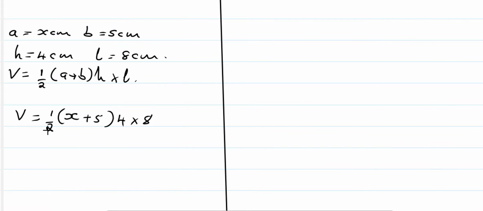So from there, we can open these brackets here, and now volume V is equal to half multiplied by x, it will be half x, then again plus 5 multiplied by half, it will be 5 over 2, like that.